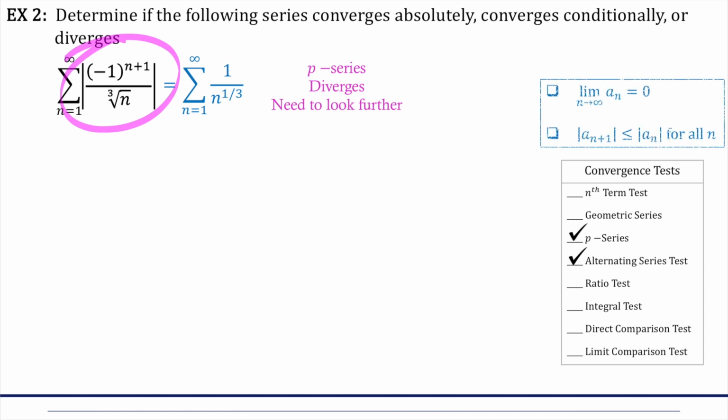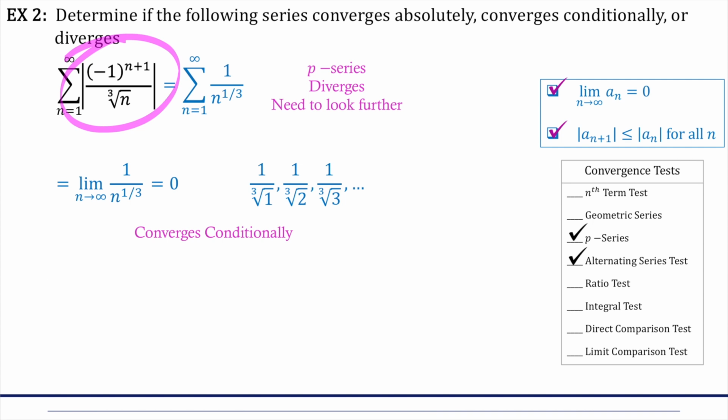We have an alternating series. Does the limit as n approaches infinity of a sub n equal 0? Yes, it does. Do we have a non-increasing function? We sure do. Our original alternating series converges, but it only converges conditionally because if we took off the fact that it alternates, it would diverge.